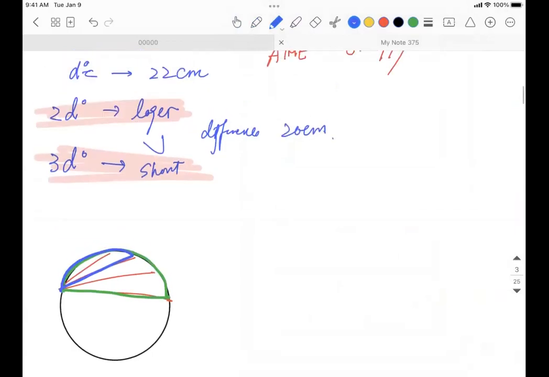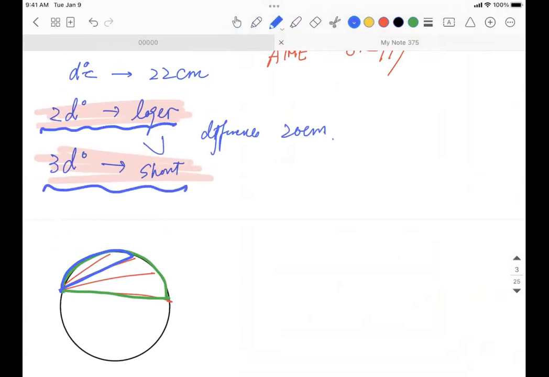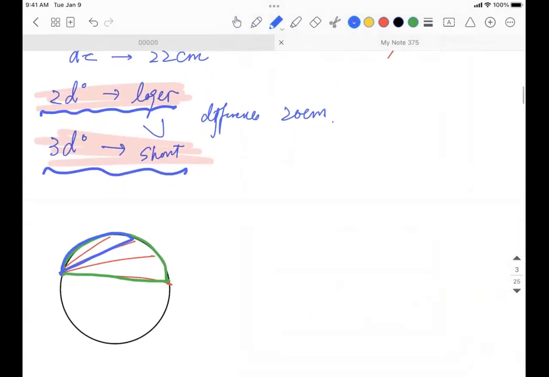But now, why is a 2D degree arc facing an even longer chord than the 3D degree arc? In what kind of circumstances would that happen? Apparently, that's not the general rule, right? Can you think about it?